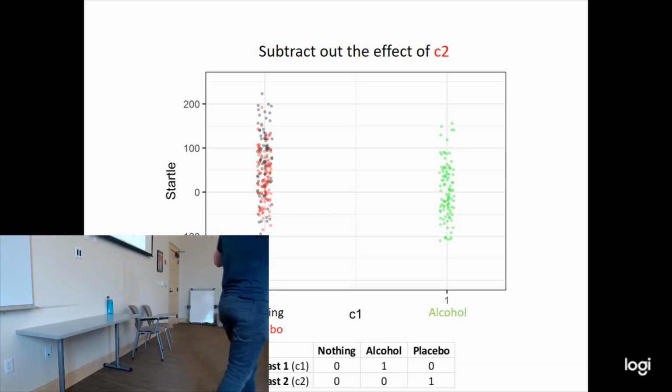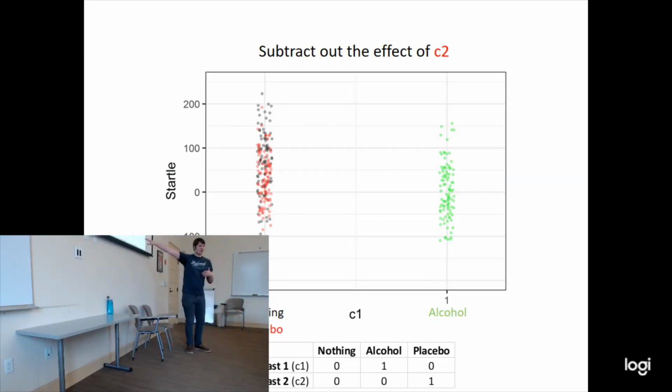So you can think of the process of adjustment as like subtracting out the effects of other variables. Just in that way, what I'm doing with these dummy codes is subtracting out the other comparisons that aren't plotted on this x-axis. That's sort of what you're doing when you adjust for the other dummy codes.